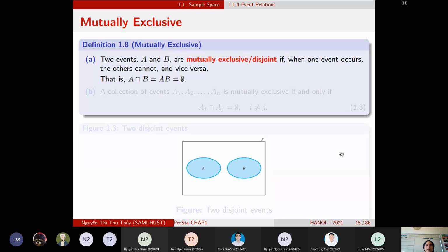We denote it by the formula A intersection B equals the empty set, an impossible event. That means A and B cannot occur at the same time, or simultaneously.